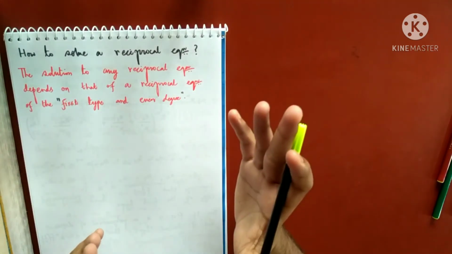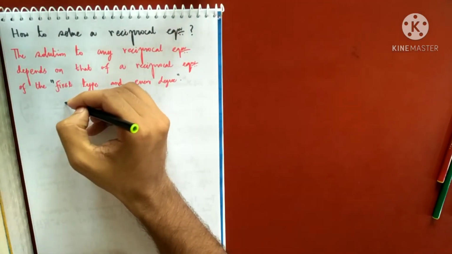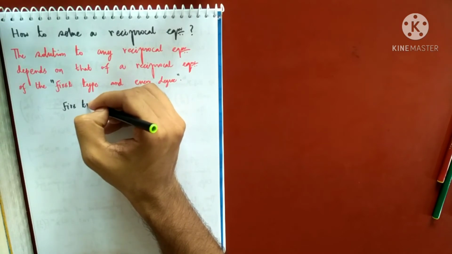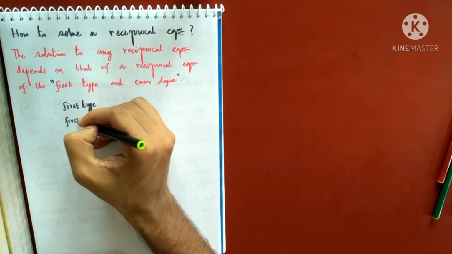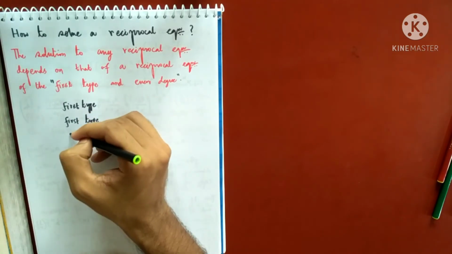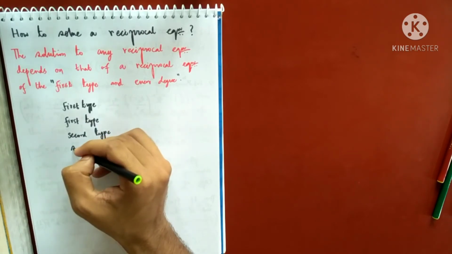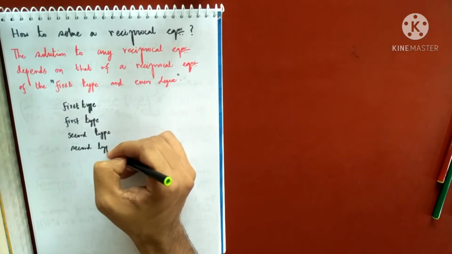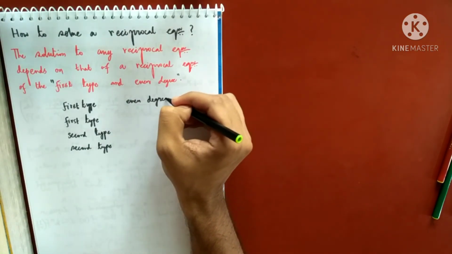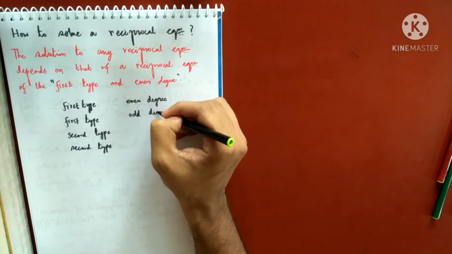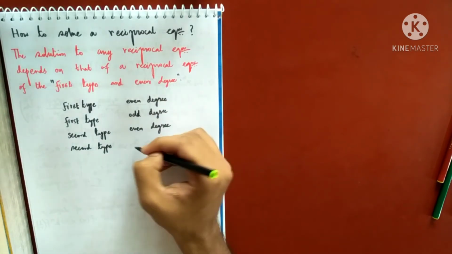So if you give me a reciprocal equation, see what the things are: first type, second type, odd degree, even degree.